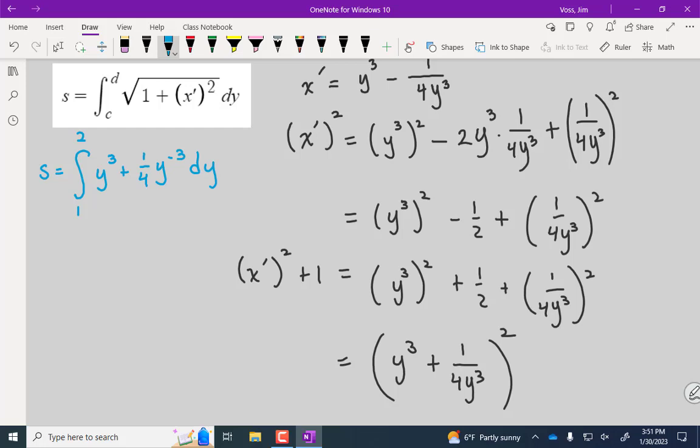And then we can use the power rule twice, and we'll have it. We'll end up with y to the 4 over 4. Add 1 to the exponent, we get y to the negative 2. Divide by negative 2 is going to give us negative 1/8. That will be from 1 to 2.